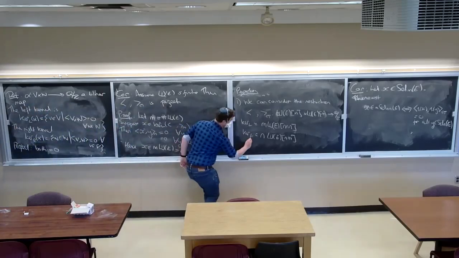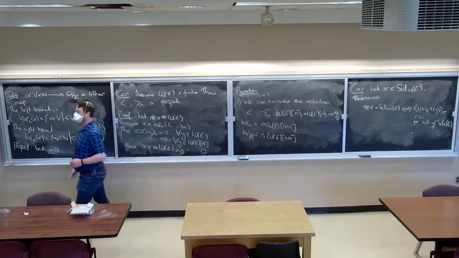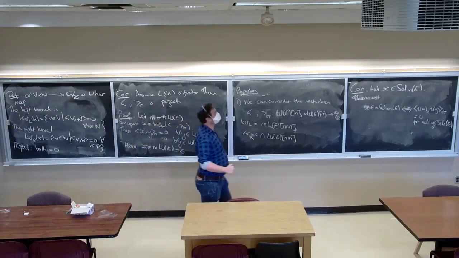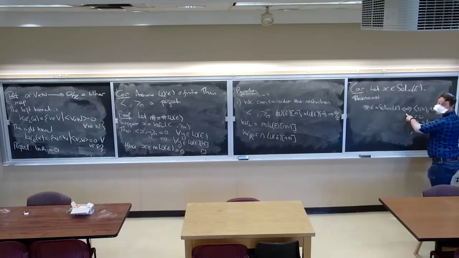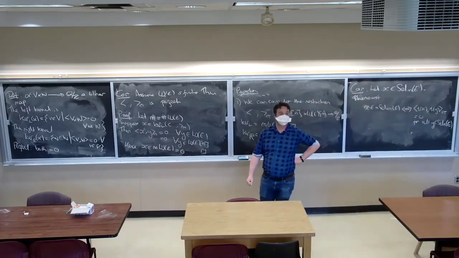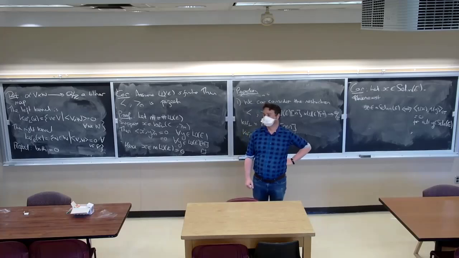That's a really good question. I think it's because of this if and only if. It's an if and only if. But you're right, otherwise it would be an only if. Any other questions?